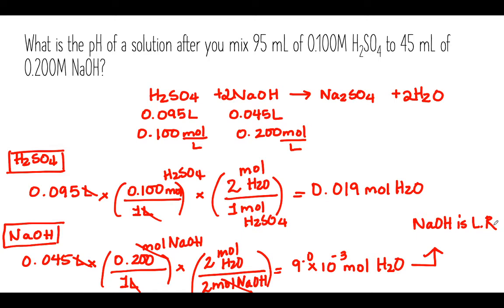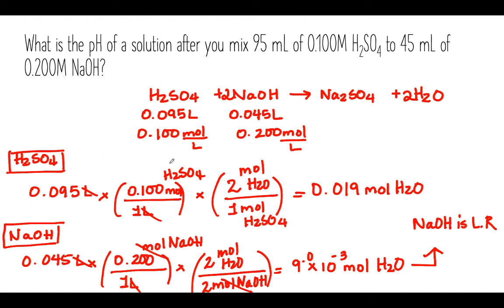It's going to be used up in the reaction. And some of that H2SO4 is going to react, but there is H2SO4 that's going to remain in that reaction. So the pH of that solution is going to result from the remainder of the H2SO4. So let's find out how much H2SO4 is left over.